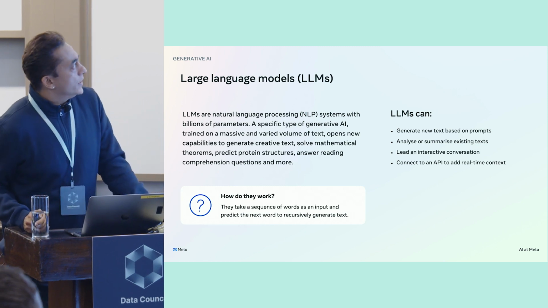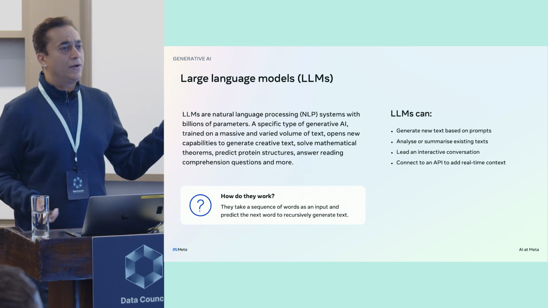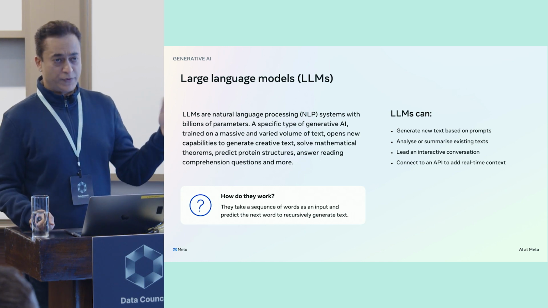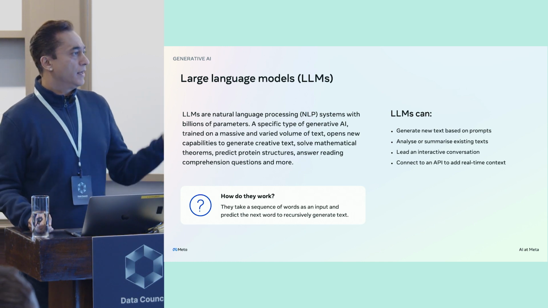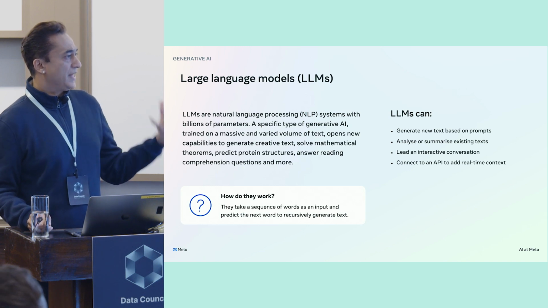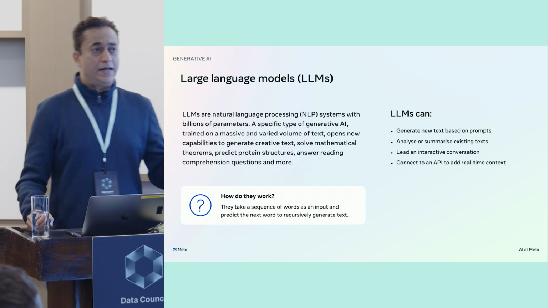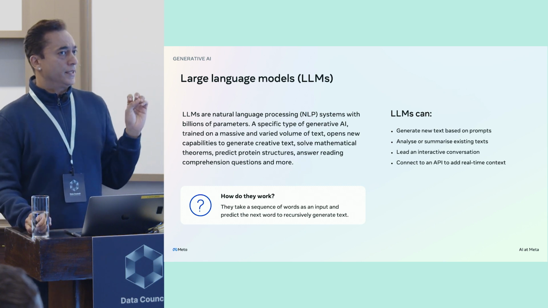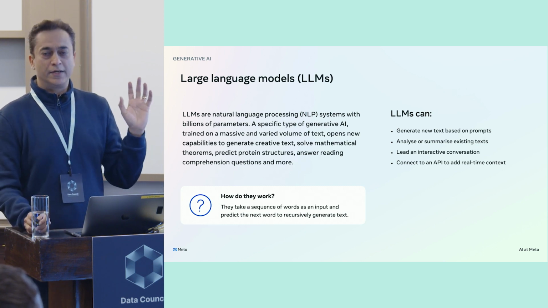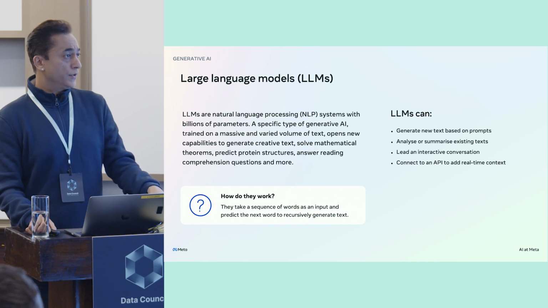Okay. So let's start with the basics of how LLMs work. Most of you already know this, but LLMs typically are based on an architecture called transformer architecture. There's a paper written, I don't know the year, by Google folks called Attention is All You Need.